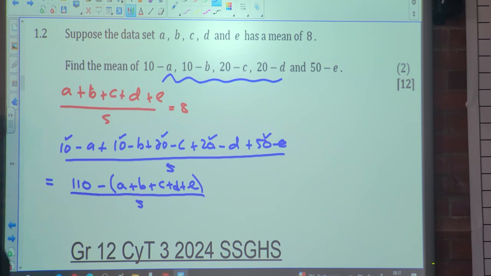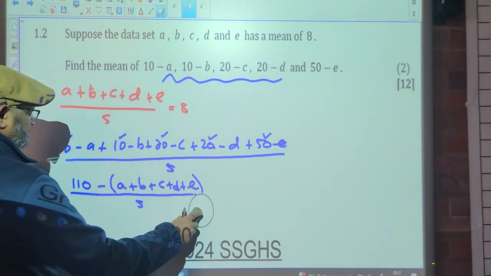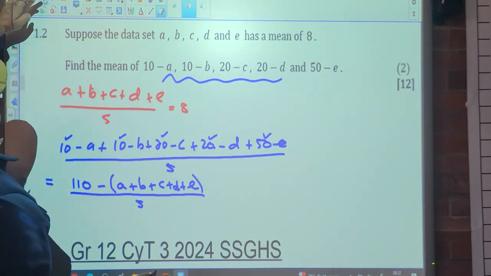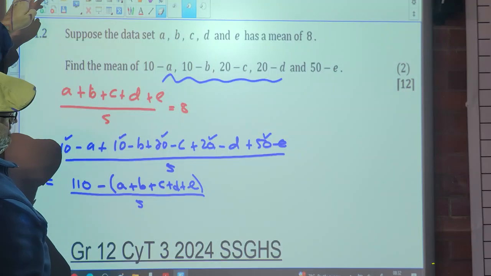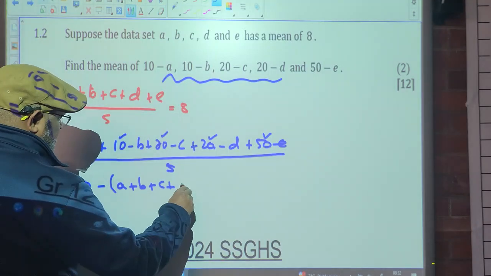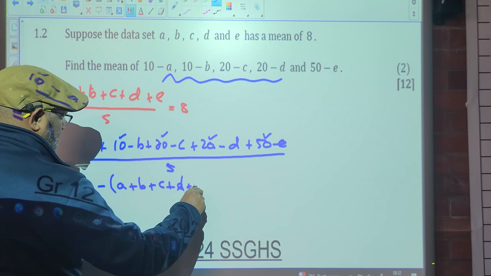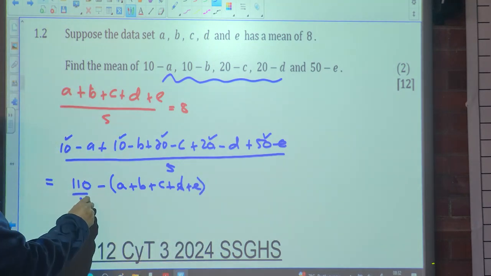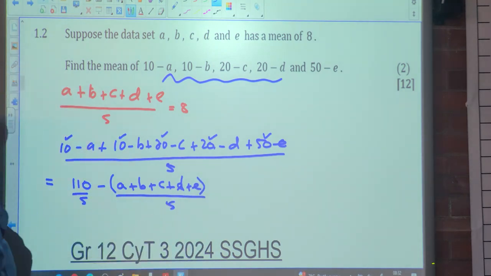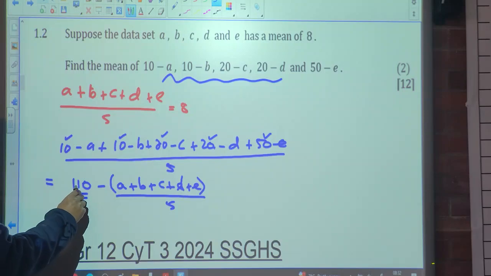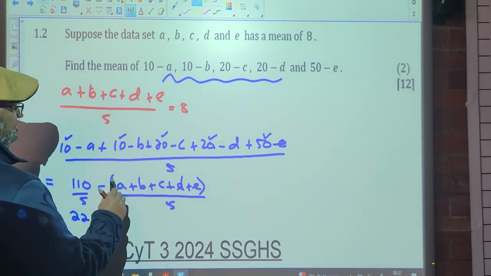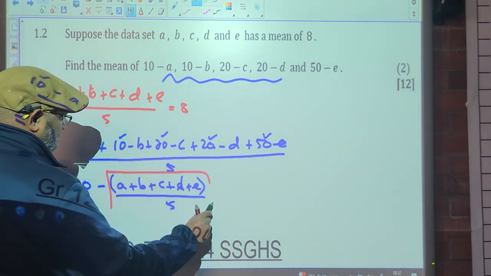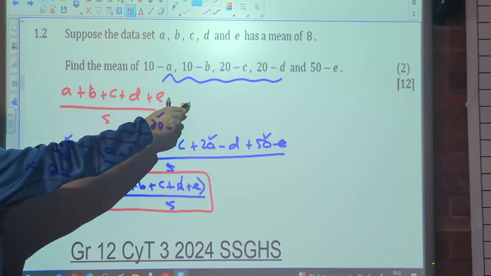But you all should agree that it's the same as saying each one of its own. So we know that 110 divided by 5 is 22, and this here works out to be 8.